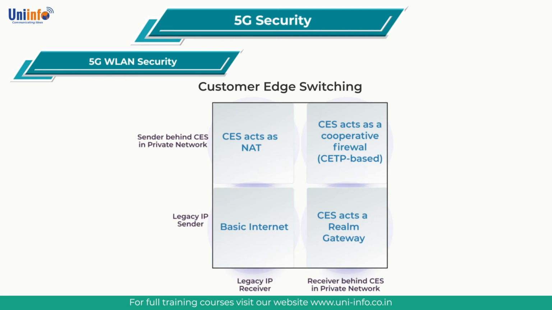For two hosts connected to their respective CES nodes, the negotiation of CETP policies must succeed prior to the relaying of user data between the hosts. The scope of policy negotiation is limited to the CES only and is a must to establish the data connection between two hosts communicating across their respective CES nodes.